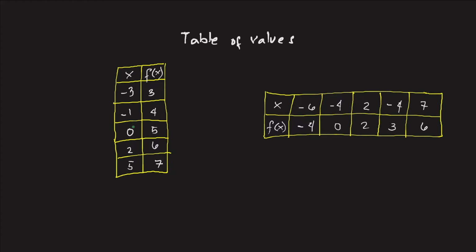Negative 1 also appears once, and so do 0, 2, and 5. So each element in the domain appears once, and that means an element in the domain is mapped exactly once to an element in the range. So this is a function.